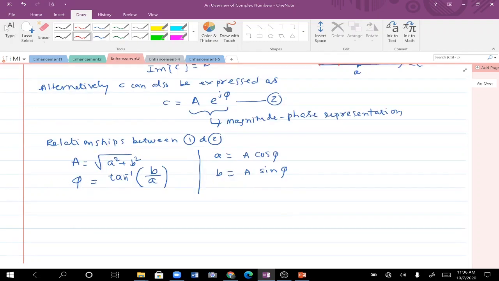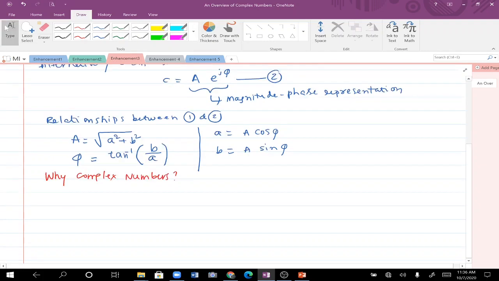Next, why do we in the first place use these complex numbers? So the question is, why complex numbers? You could recollect from what you have done in your electrical circuits and networks while dealing with phasors. Why have you moved from normal scalar quantities to vector quantities? Suppose the parameter of your interest has two variables.